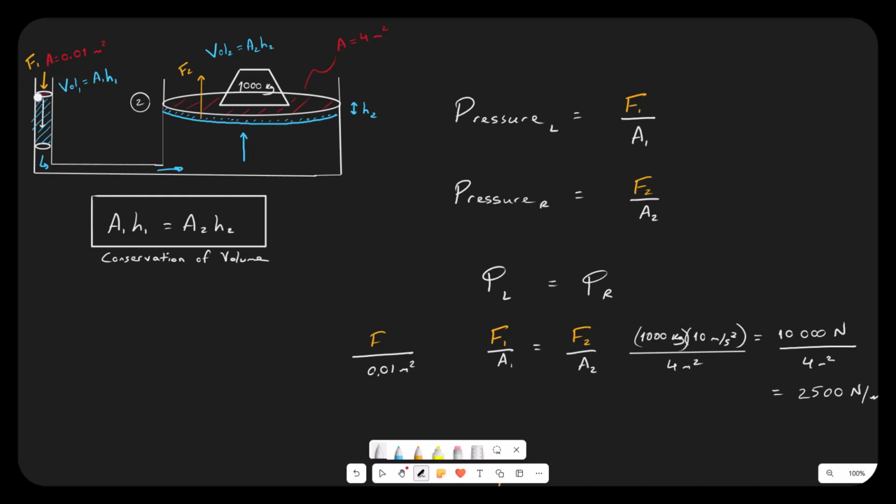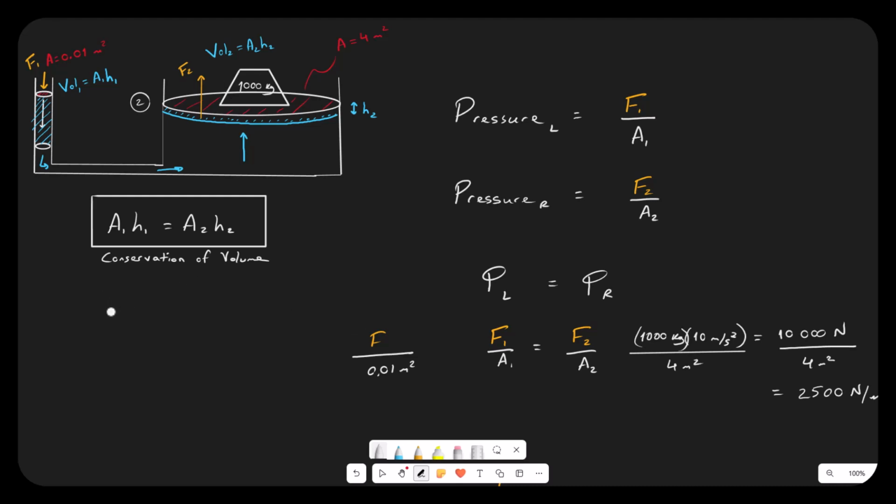So instead, we make some kind of hydraulic connection like this, and we say, let's have a small area piston on the left. We can push down on that with a small amount of force, and because of the ratio of the areas, we're going to amplify that force a lot on the right side.